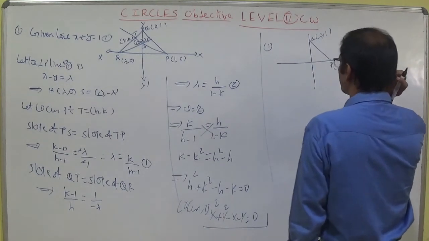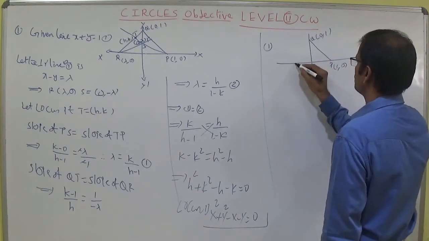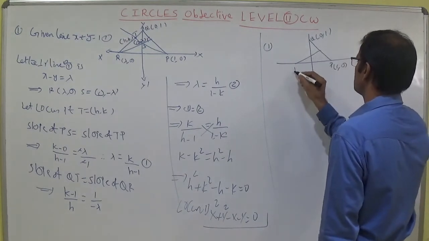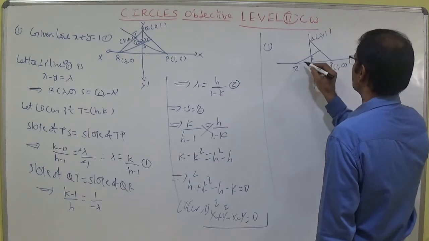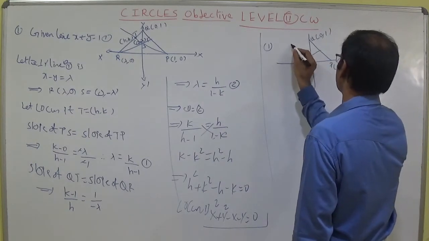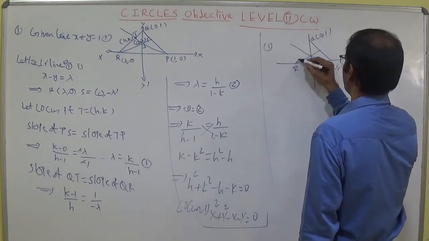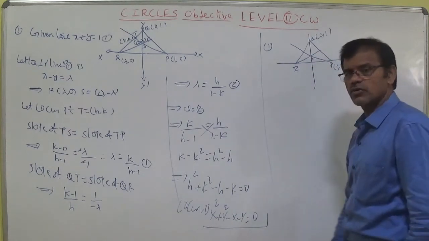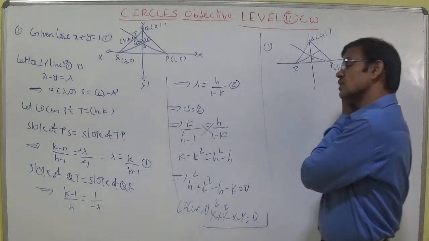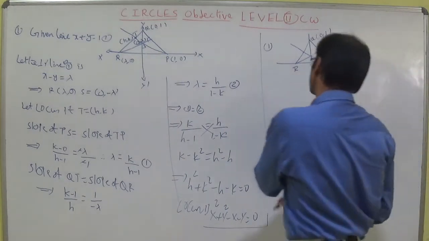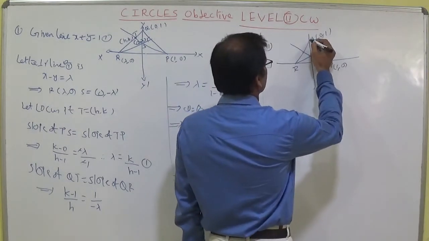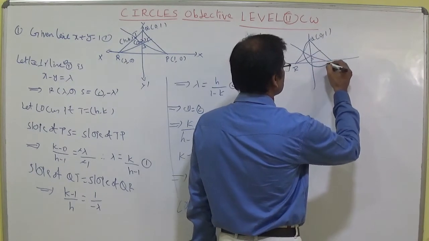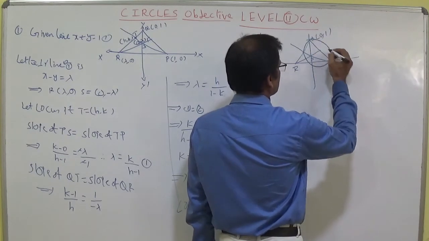The line perpendicular to PQ meets the axes at R and S. You should calculate the point of intersection of PS and QR. According to the options, this becomes a circle, and the circle should pass through P and Q.